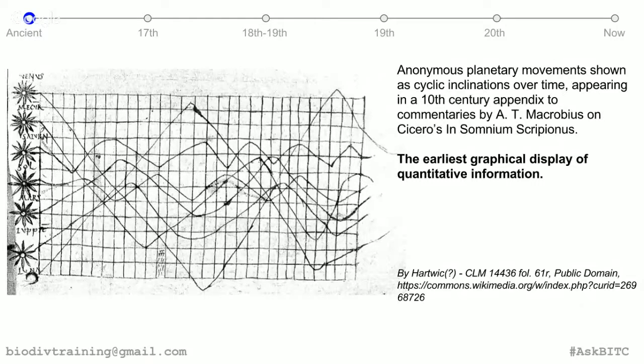It's considered to be the earliest graphical display of quantitative information. It's not only the statement of a fact in a moment, it gathers several pieces of data from different moments in time and tries to make sense of it all.